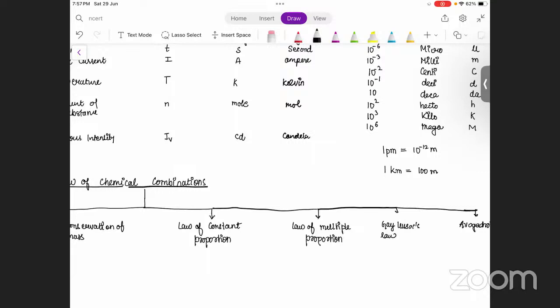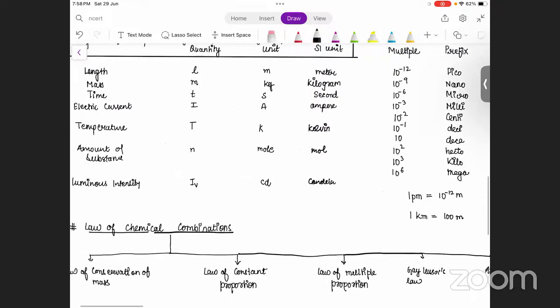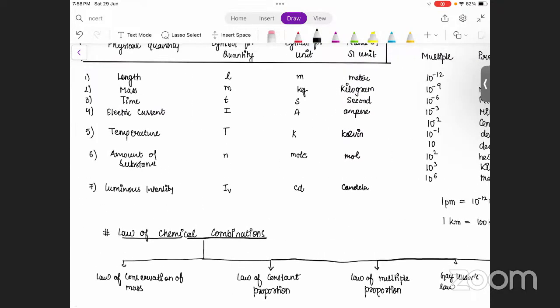And this we learned about the international system of unit, which is the SI system. And in that we saw what are the standard units and what are the 7 basic units, which were these: length, mass, temperature, amount of substance, and luminous intensity.